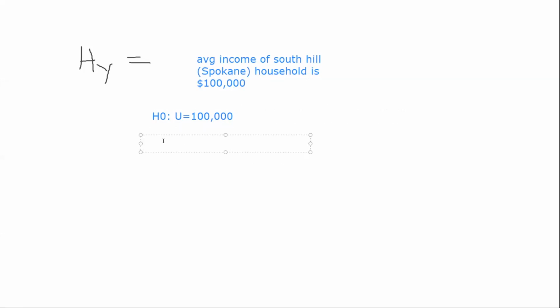Then I have to write the alternative hypothesis, which is denoted by H1 or HA. Different authors denote it in different ways, so I'm just using both HA or H1. Mu not equal to, and I can't put the not equal sign here using my keyboard, so I can put not equal to 100,000.